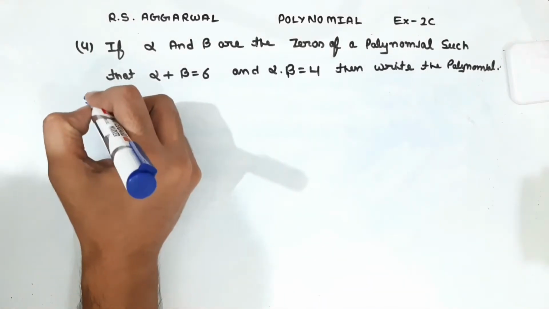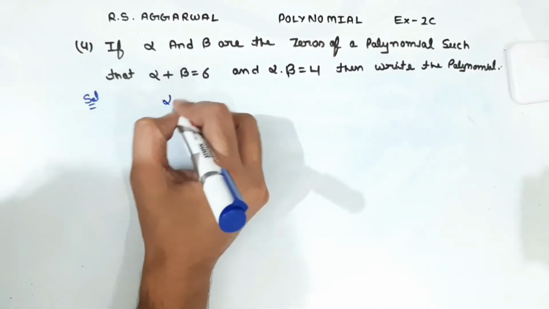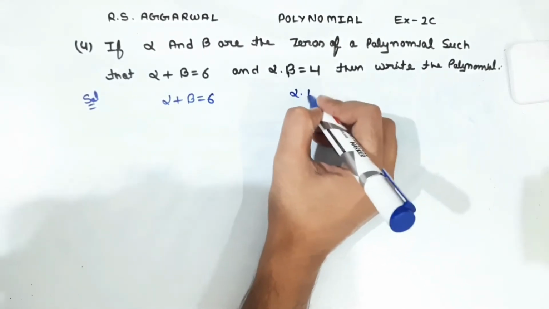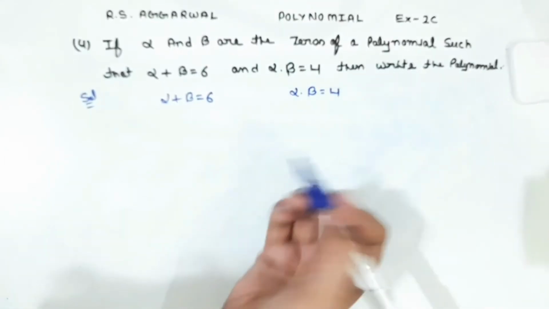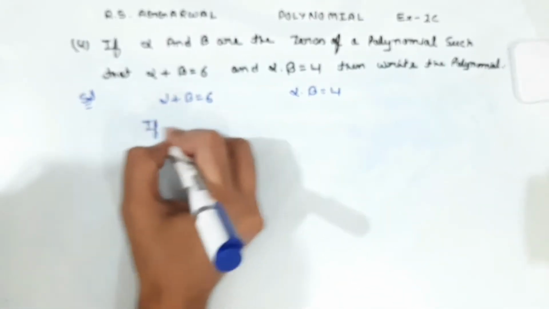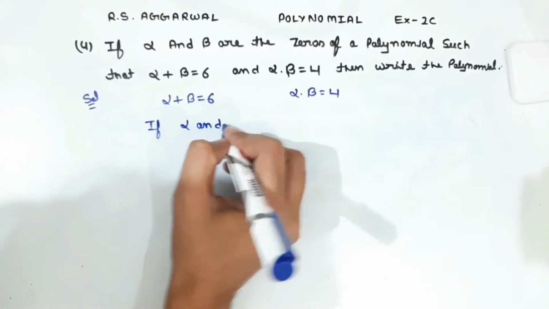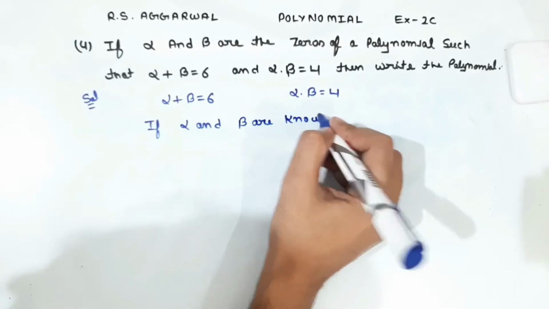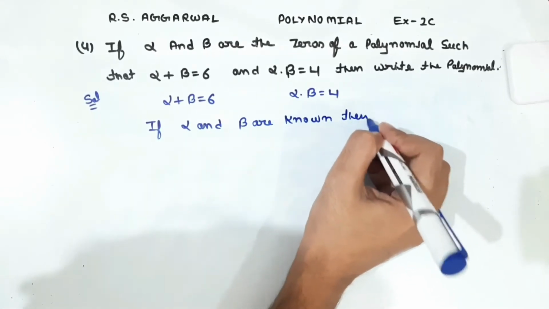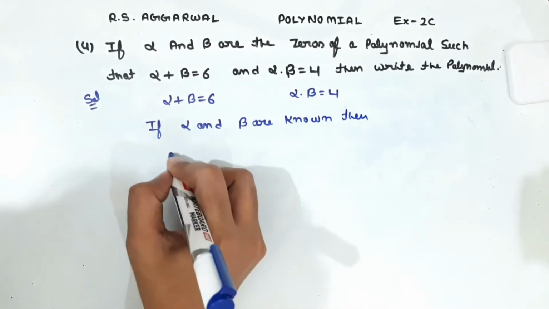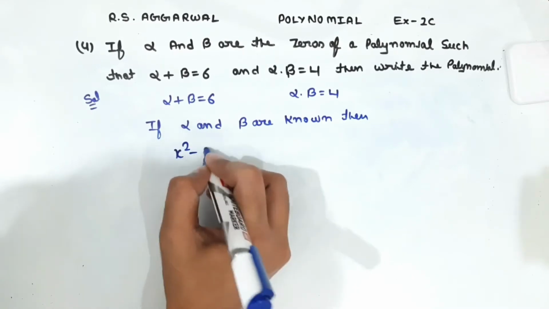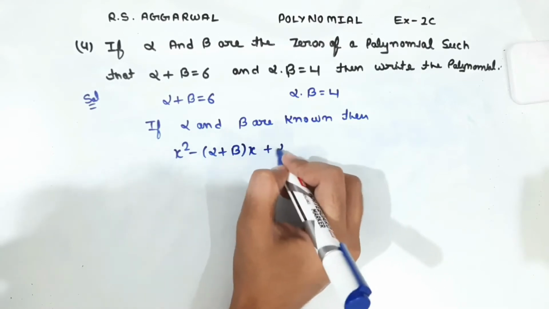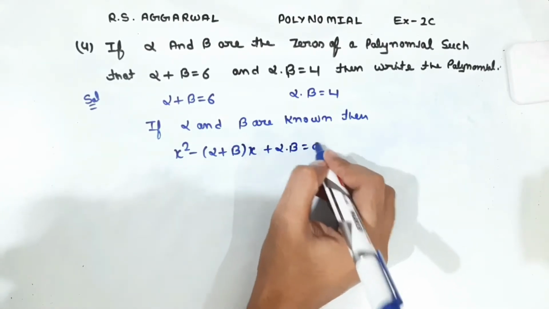So we are given alpha plus beta equals to 6 and alpha into beta equals to 4, and we know that if alpha and beta are known, then the quadratic polynomial will be x square minus alpha plus beta x plus alpha into beta equals to 0.